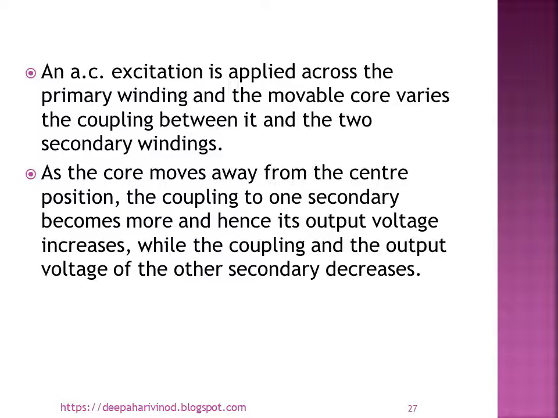So an excitation is applied across the primary winding, and the movable core varies the coupling between it and the two secondary windings. As the core moves away from the center position, the coupling to one secondary becomes more, and hence its output voltage increases, while the coupling and the output voltage of the other secondary decreases.